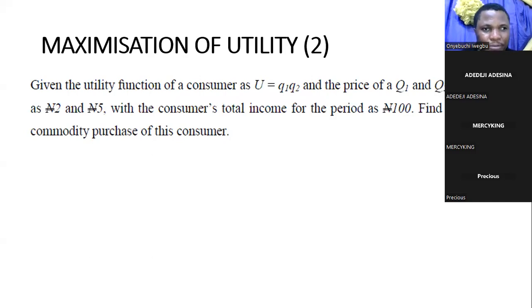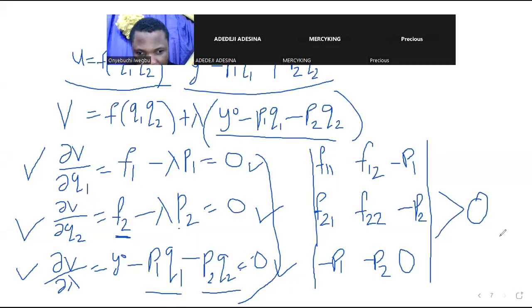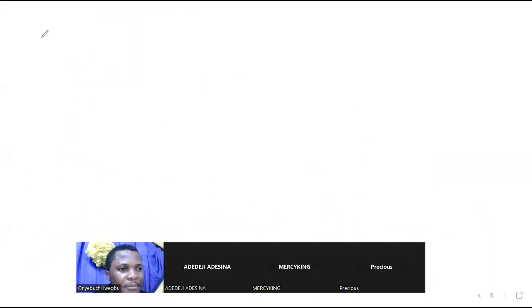Let me set up the Lagrangian. So if I set up the Lagrangian, that means my U is a function of Q1, Q2. And what's my income?